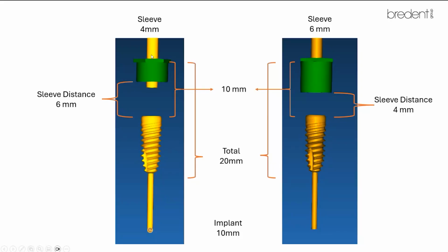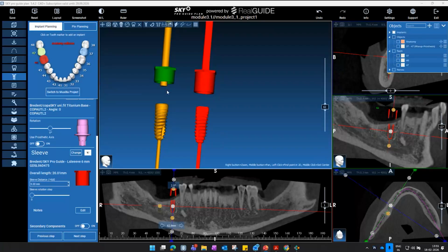When you follow the surgical protocol, the drill protocol of Brident, because the depth stop of the insertion adapter or your drill sequence is here, this height of 10 mm remains constant. So you understand this 10 mm remains constant.